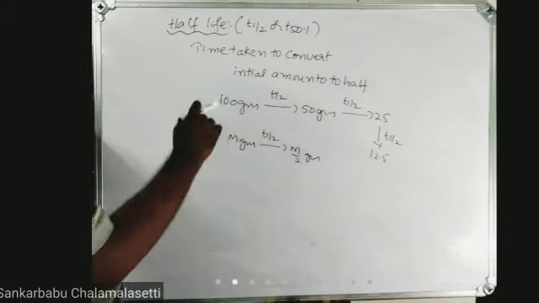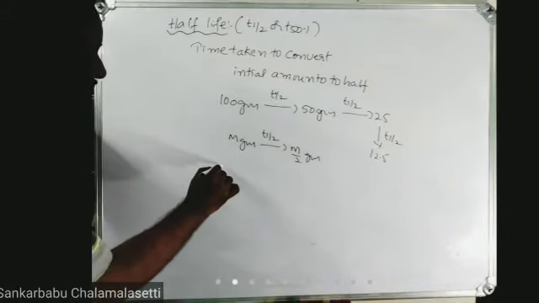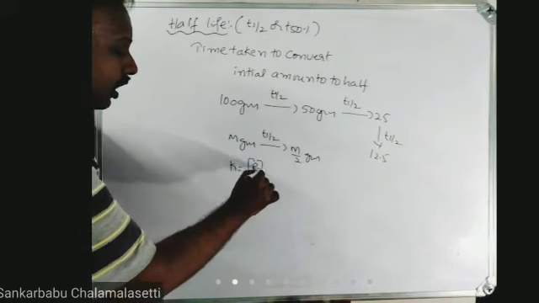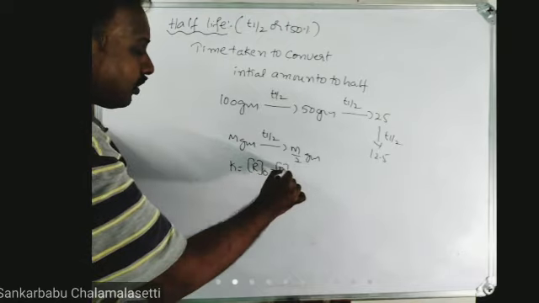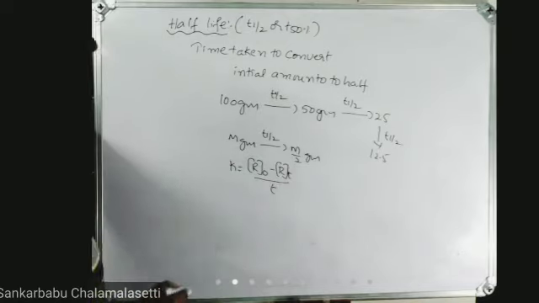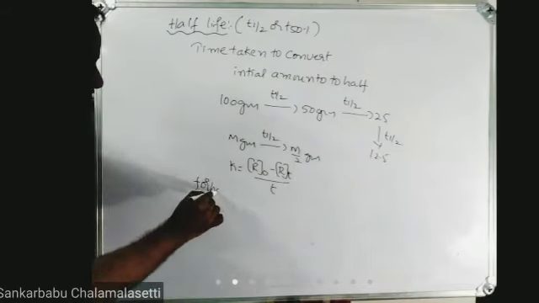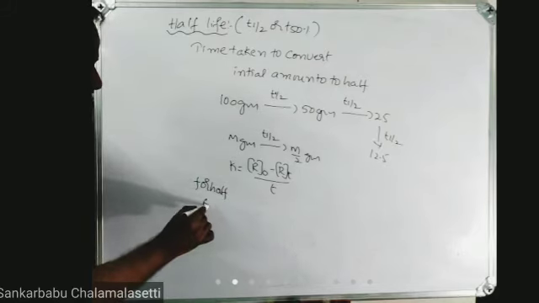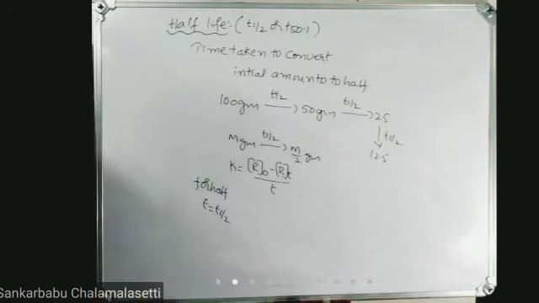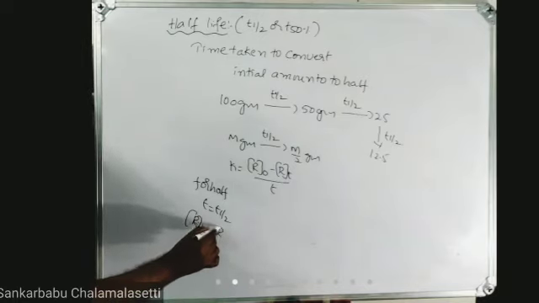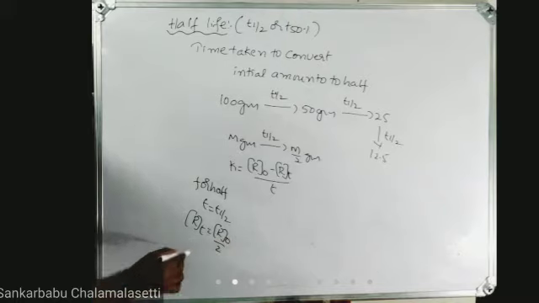So what is the integrated rate equation for zero order? K is equal to R naught minus Rt, concentration at time t, divided by t. Now for half-life, t is equal to T half and Rt is equal to R naught by 2, since the initial amount converts to half.